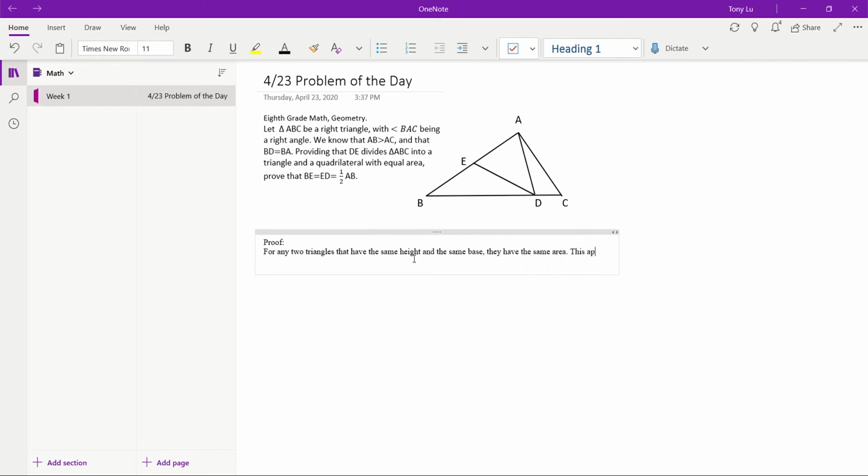This applies when the two triangles also have a shared height or shared base. So we will try to change the shape in a way so that we can apply this principle of area to find out the lengths of line segments. So you can try to add a few lines to this shape to make it easier to solve.